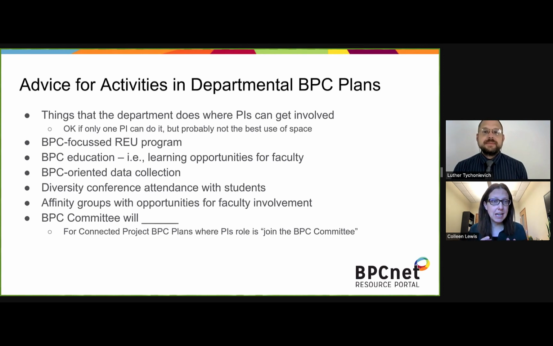Some additional ideas of things you might include as activities are BPC-focused REU programs. The Computing Research Association has the DREU, the Distributed Research Experience for Undergraduates program, that recruits students who identify as underrepresented in computing because of their race, gender, ethnicity, or disability status.